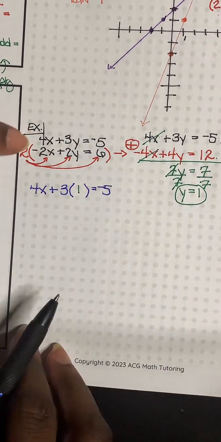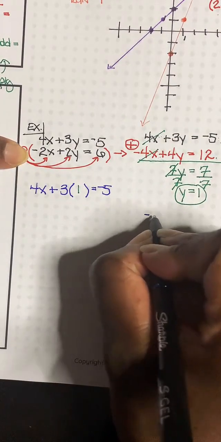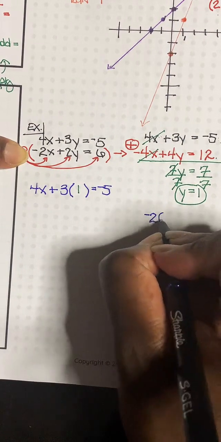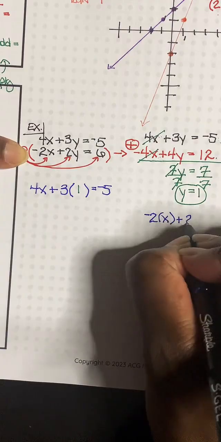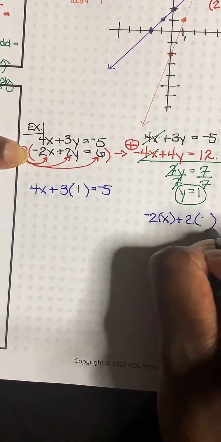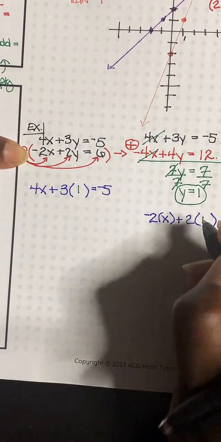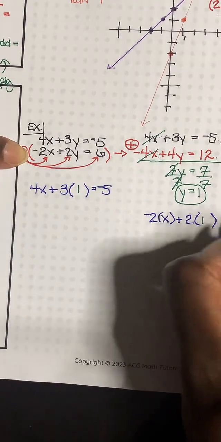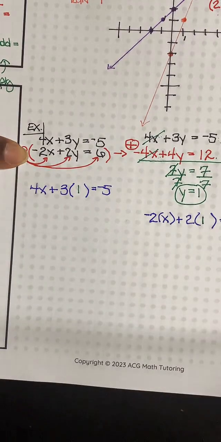And if you don't believe me, I will even put the other one over here. So negative 2, oops, sorry, because I forgot we still have an x here. Negative 2 plus 2 times my y, which is 1. So just in case you're like, I don't know which equation to do, you guys stress yourselves out trying to pick the equation that you forget that you were doing math.